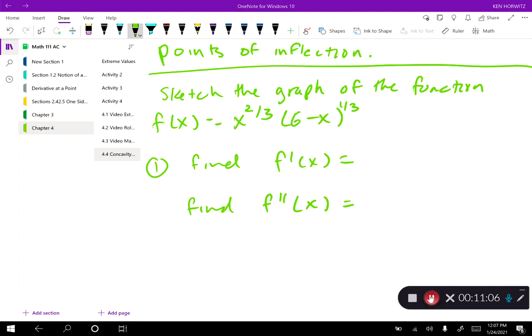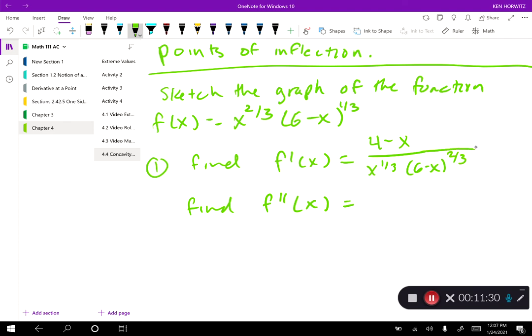All right, so to gain our first derivative, we need to use the product rule. Now, you've done the product rule plenty of times. I'm just going to give you my answer. My answer was 4 minus x over x to the 1/3, 6 minus x to the 2/3.